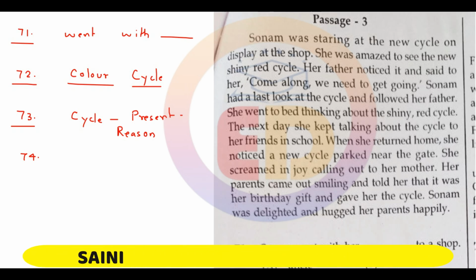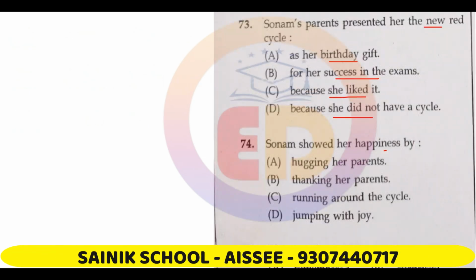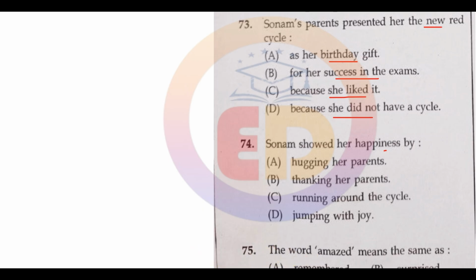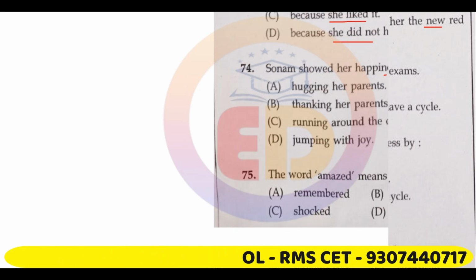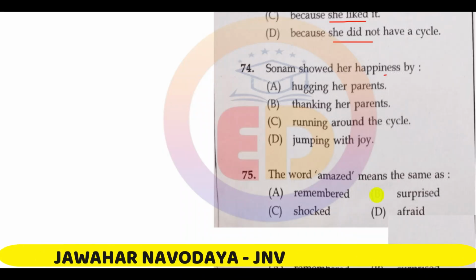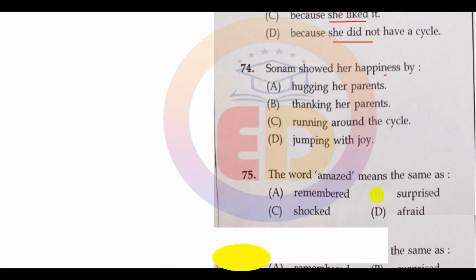Sonam showed her happiness. So how did she show her happiness? 75. The word amazed. Amazed means we know it's surprised, but we'll mark the final answer only after reading the passage.